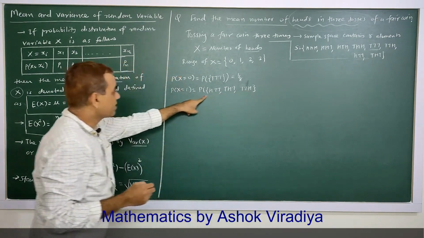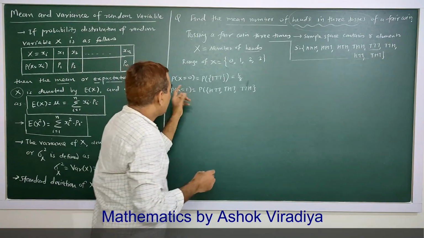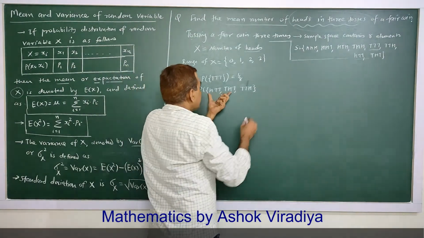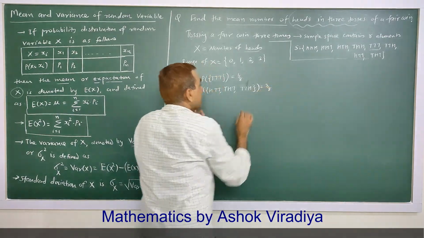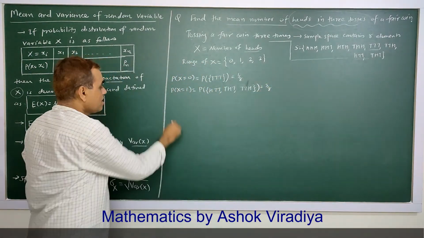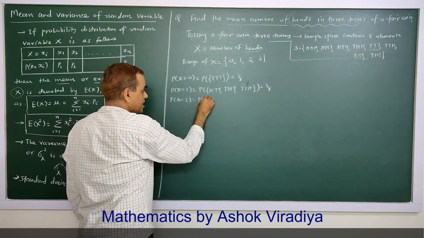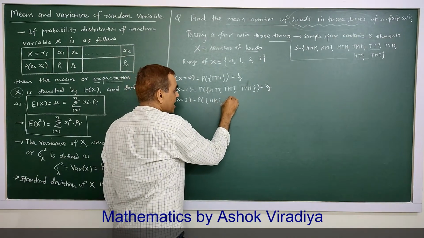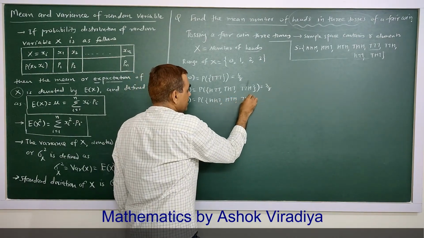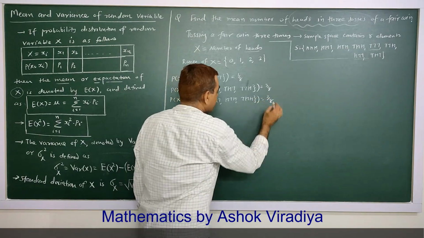So when this event occurs, x takes value 1. So the probability that x takes value 1 is equivalent to the probability of this event, and it is 3 by 8. Probability that x takes value 2, that is equivalent to the probability of getting 2 heads, that is HHT, HTH, THH. Again its probability is 3 by 8.